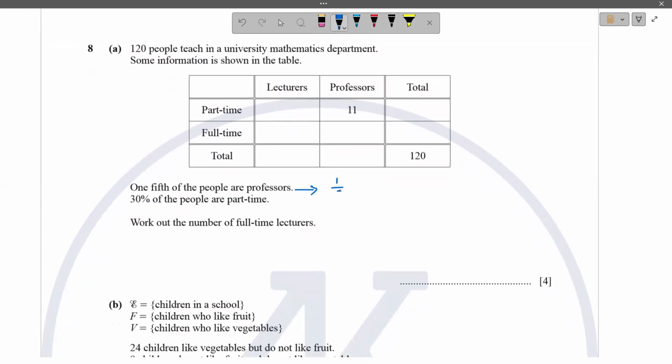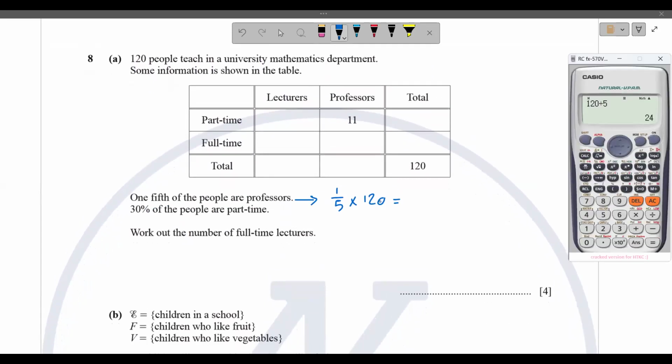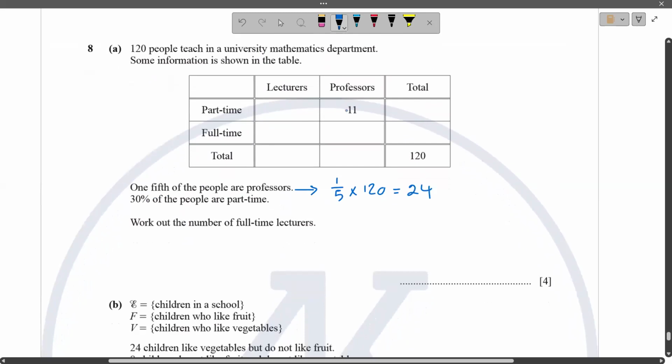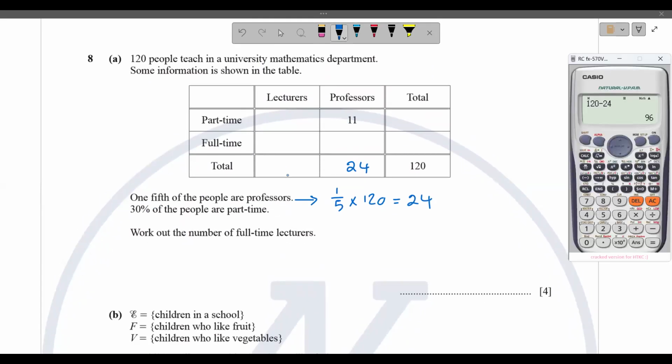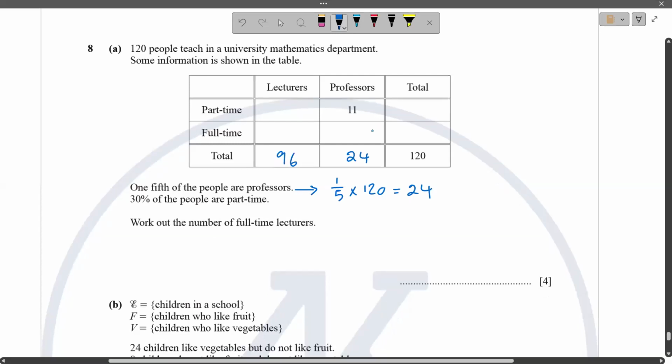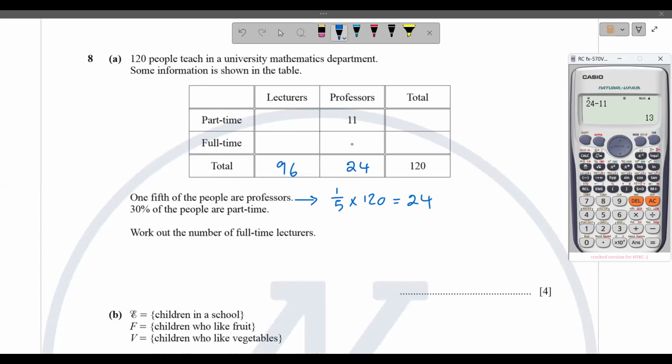So we can get 1/5 multiplied by 120, which is equal to 24. So here 24. And we can get 120 minus 24, 96. And we can get the full-time 24 minus 11, 13.